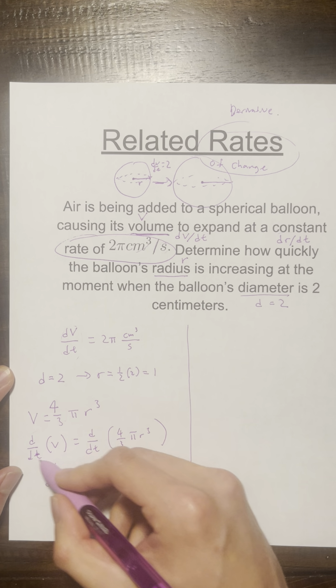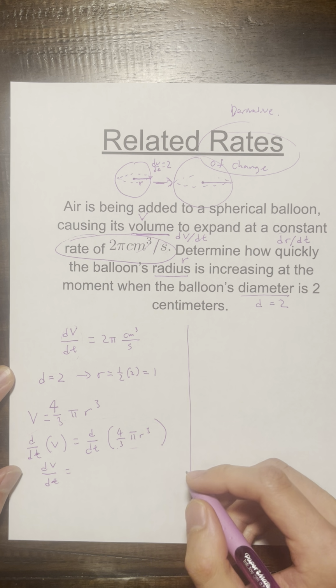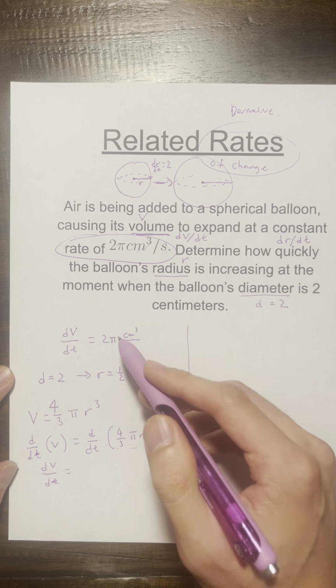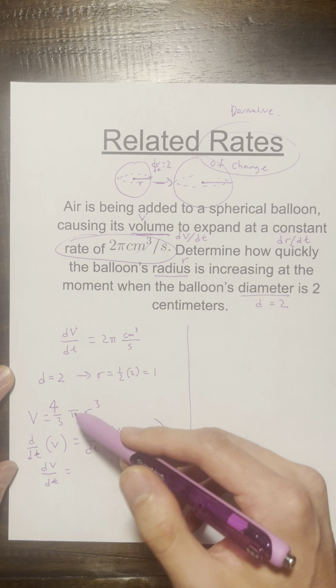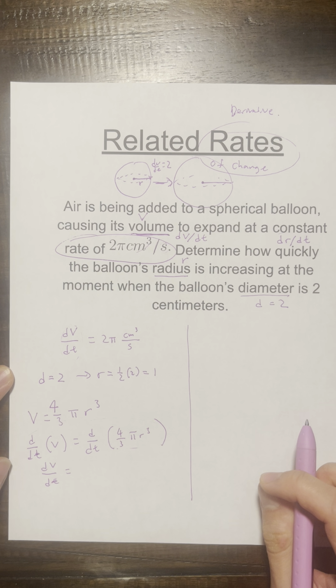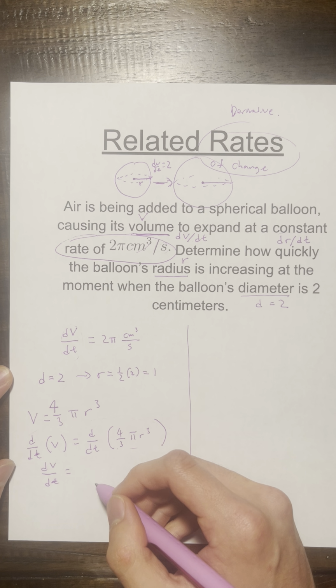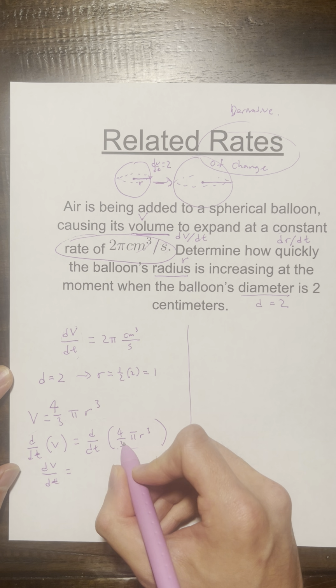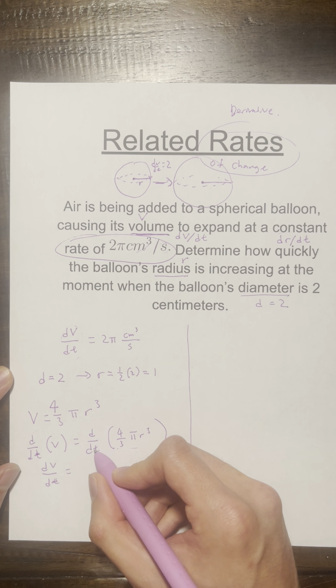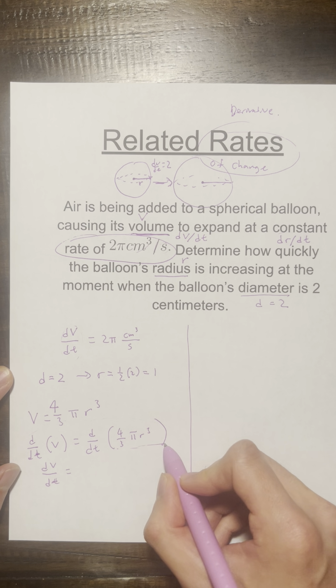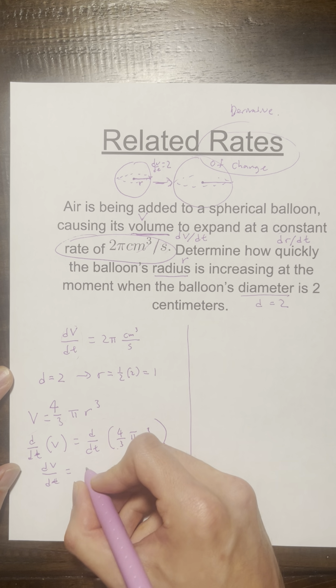If you need a refresher on how to do these, I have a video that explains how to do these equations. But d/dt of this, so I need to move the 3 in front.